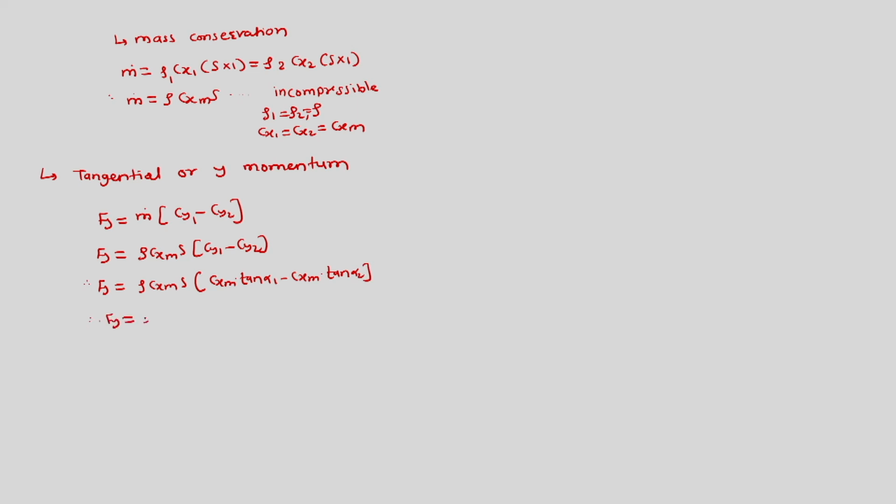So, Fy is equal to rho Cxm square into S into tan alpha 1 minus tan alpha 2. So, we can write down the coefficient of force Fy, which is Fy divided by half rho L Cxm square, is equal to 2 into S by L into tan alpha 1 minus tan alpha 2.